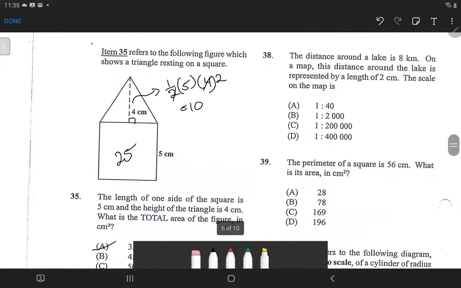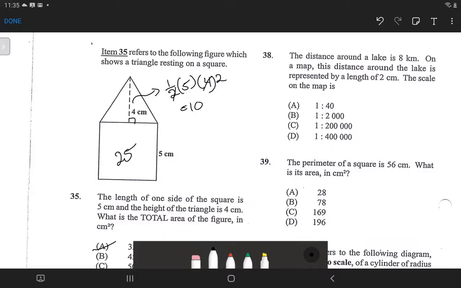The distance around a lake is 8 kilometers. On the map, the distance around the lake is represented by a length of 2 centimeters. So the scale on the map, now if we were to write this in centimeters, remember that there's 1,000 meters in a kilometer.